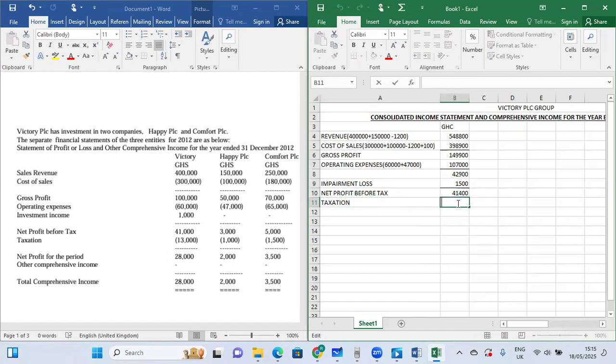Now the taxation here is going to be equal to 41,000 into brackets 41,000 plus 3,000, sorry.